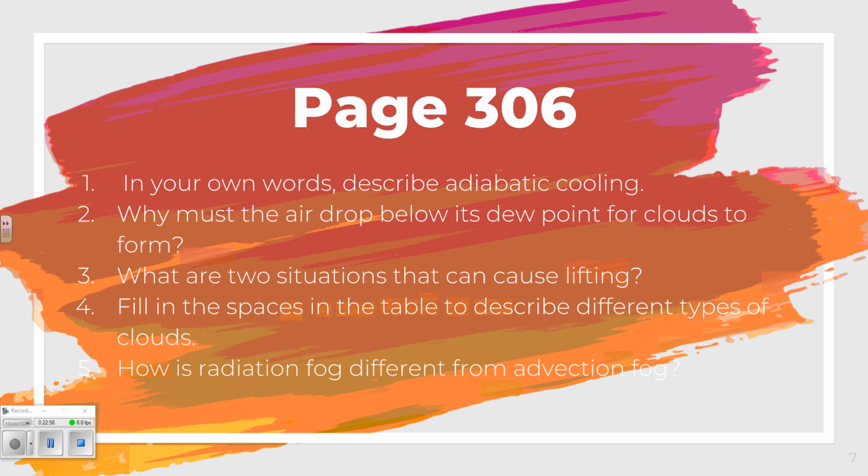A denser body of air lifts a less dense body of air. Again, sloping ground lifts the atmosphere. A denser body of air lifts a less dense body of air.